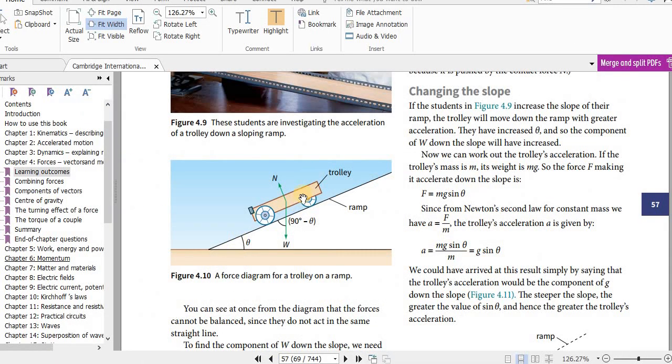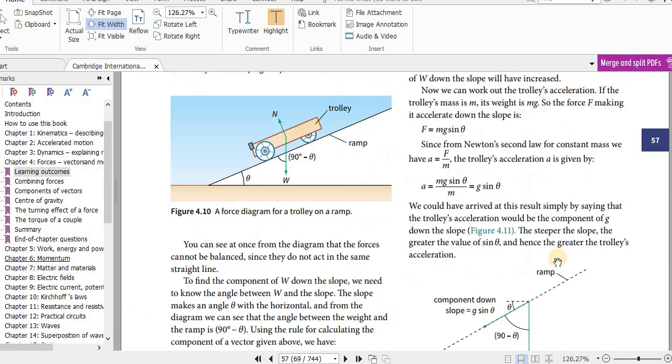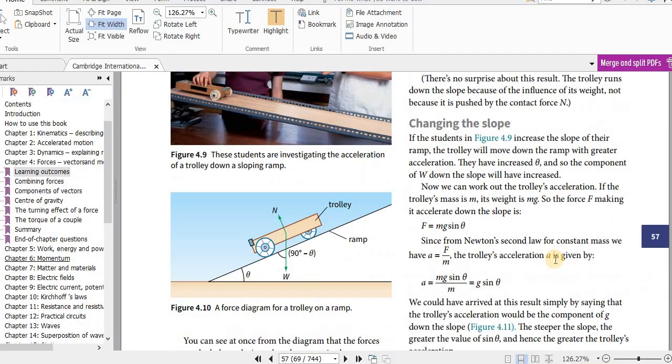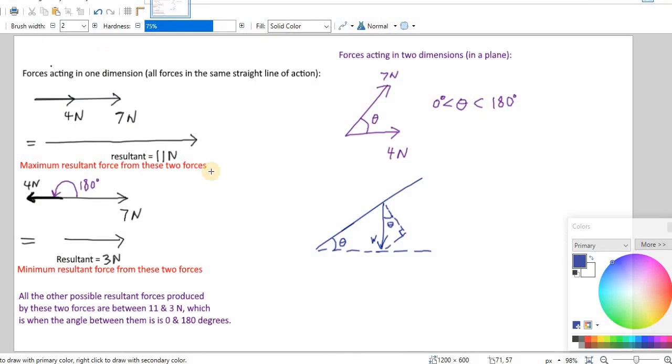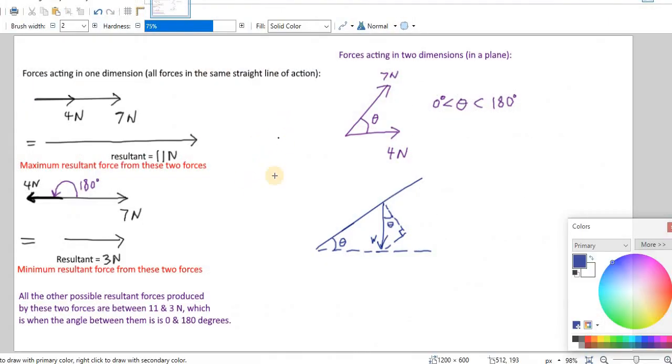So over here, when you draw this force, then you can draw another triangle here. I think it's shown here. Let's see. Yeah, so we will do that now. Okay, so this is the case that we have. Okay, that is the weight force. Now I'm going to resolve it.